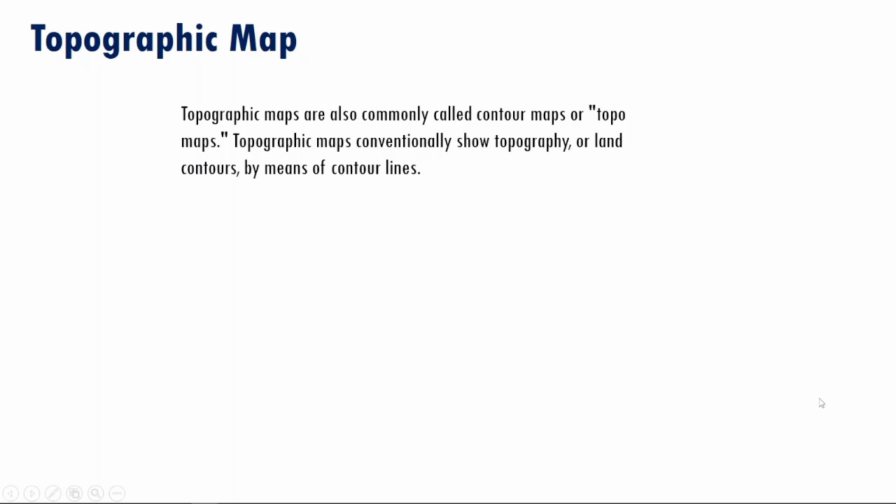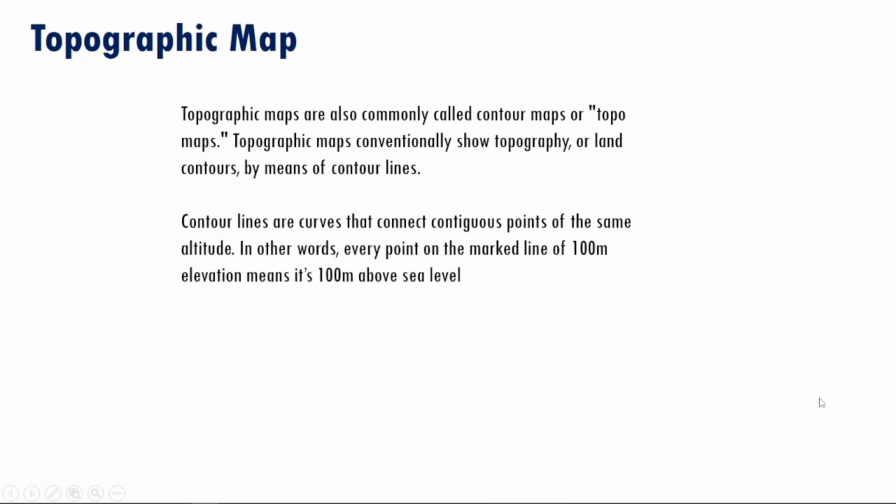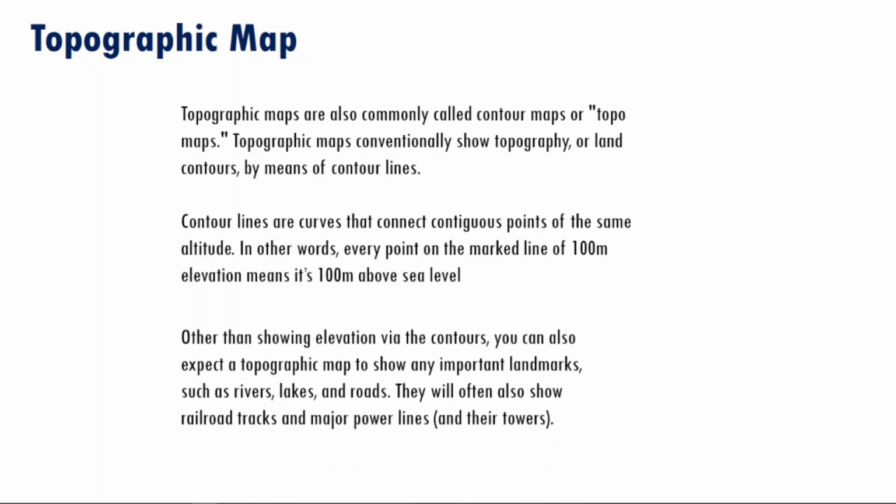Contour lines are curves that connect contiguous points of the same altitude. In other words, every point on the marked line of 100-meter elevation is 100 meters above sea level.